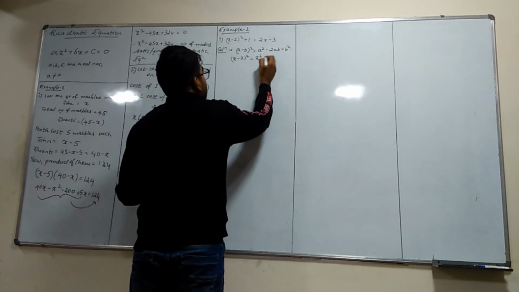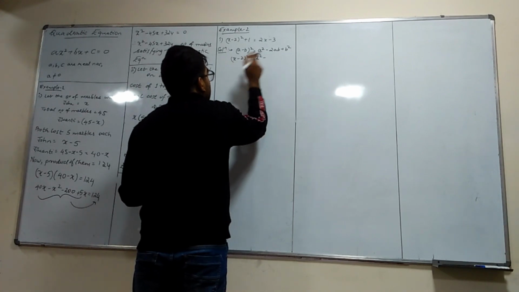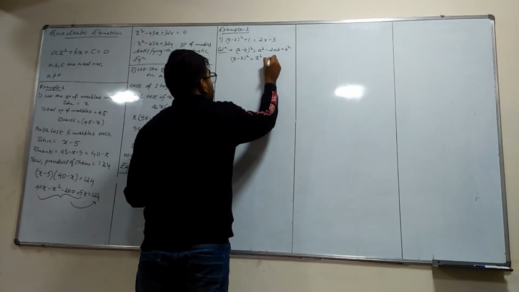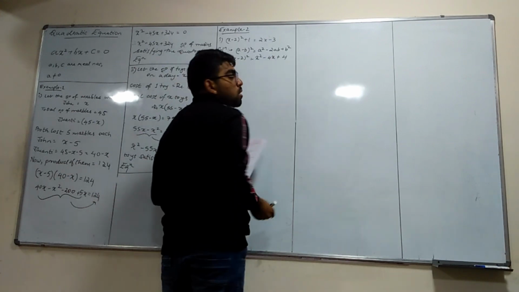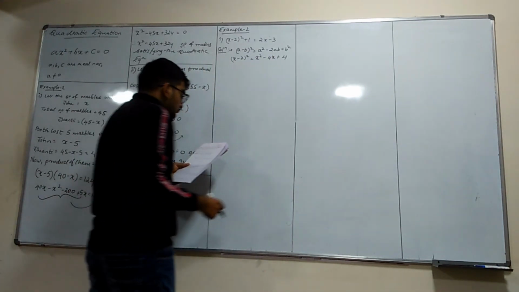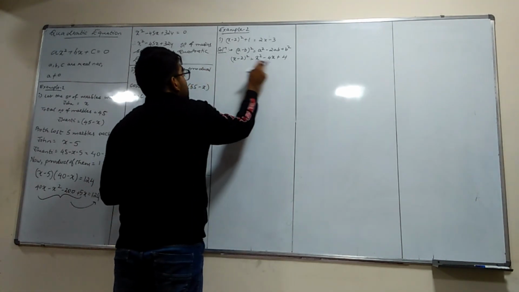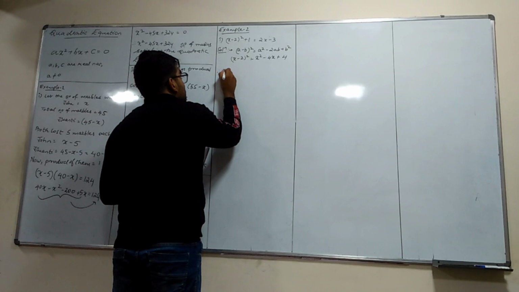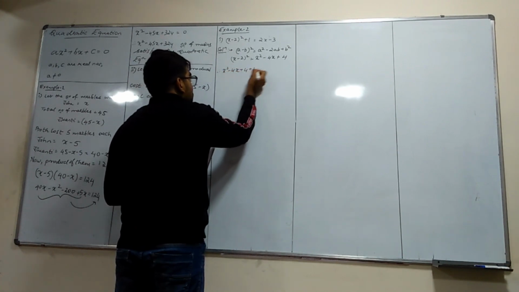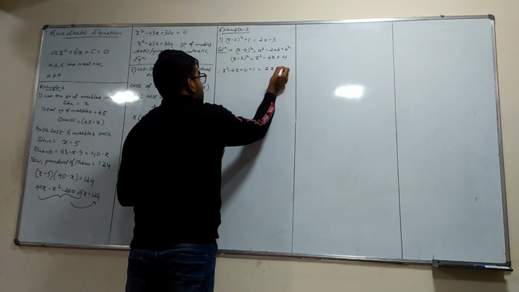X square minus 2ab, 2 twos are 4x, plus 4. So, x minus 2 the whole square plus 1. Therefore, x square minus 4x plus 4 plus 1 is equal to 2x minus 3.